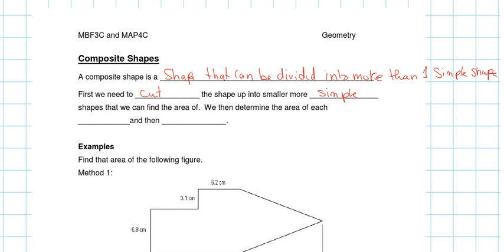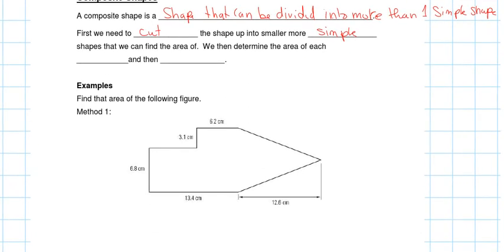It doesn't have the area formula for this shape, which I don't know what this shape is. So what we have to do is divide the shape into known, simpler shapes. We then determine the area of each shape and then add or subtract, depending on what I'm doing.